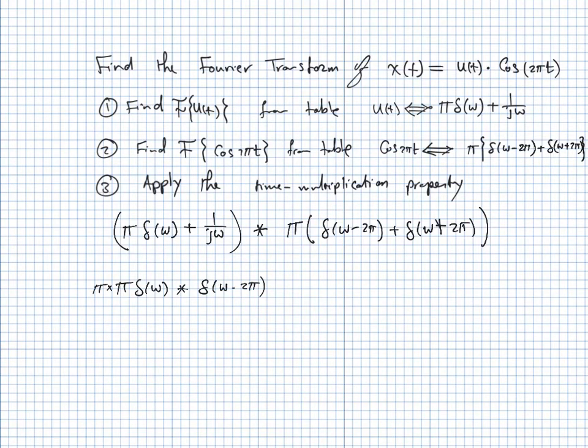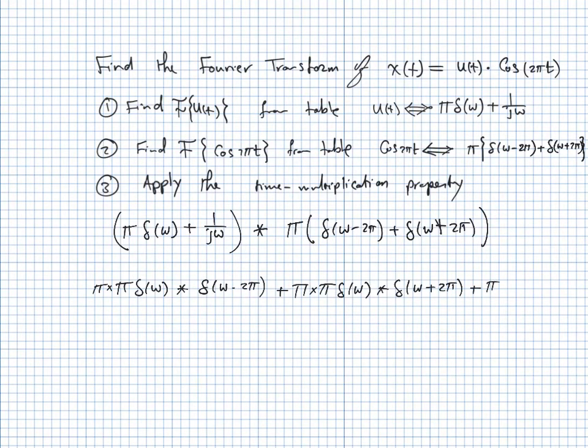And then added to it, pi times pi delta of omega convolved with delta of omega plus 2 pi, right?